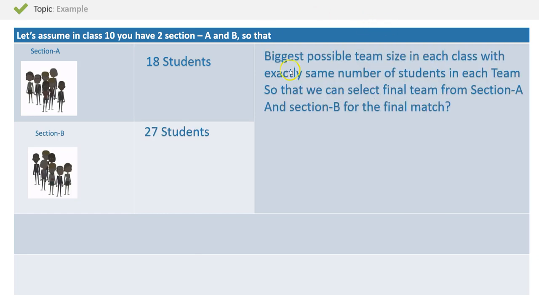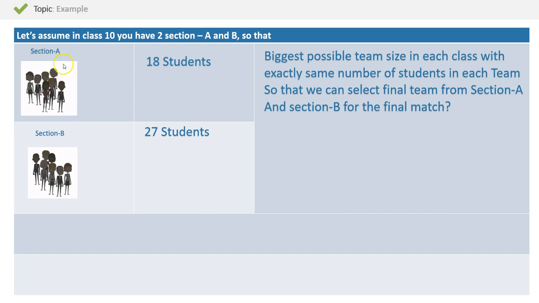Now you have to find the biggest possible team size in each class with exactly the same number of students in each team, so that we can select the final team from section A and section B for the final match.